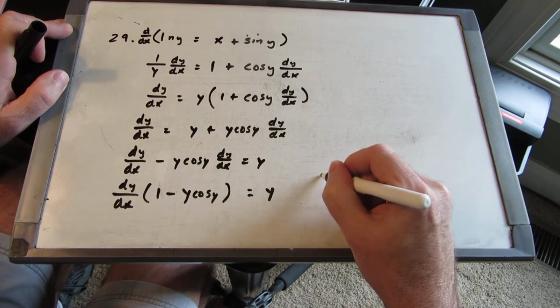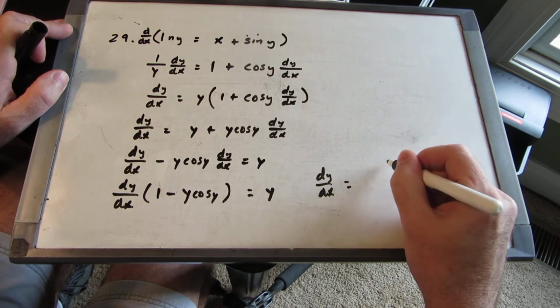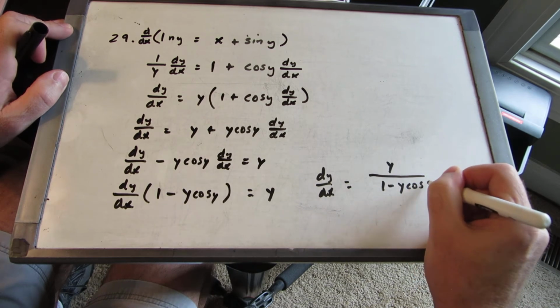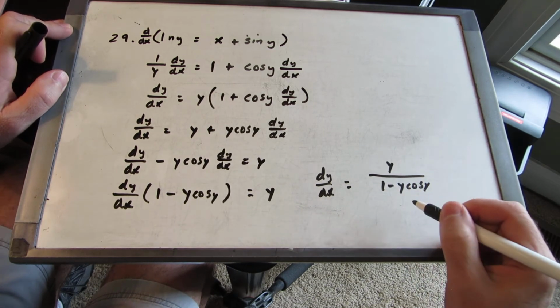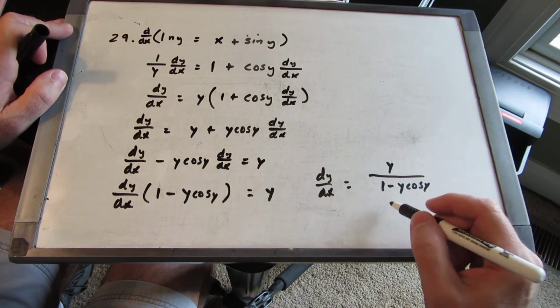And then solving for dy dx, you have y over 1 minus y cosine y, and that is selection E again.